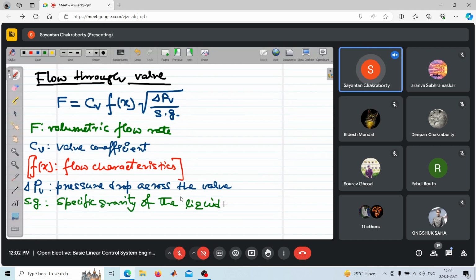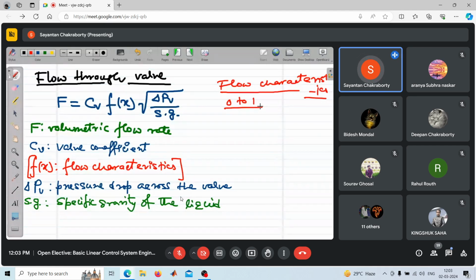So this is basically how a flow through a particular valve can be characterized. Now, just to mention, it's not very important, the flow characteristics normally varies between 0 to 1.